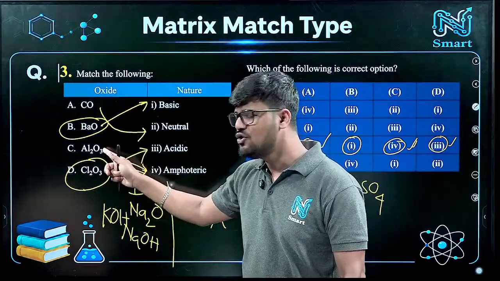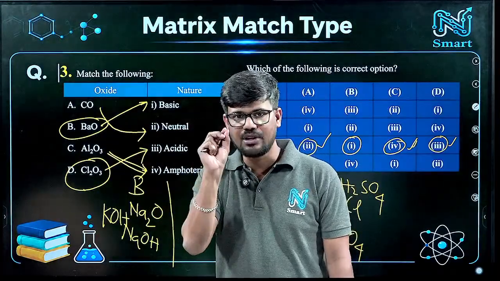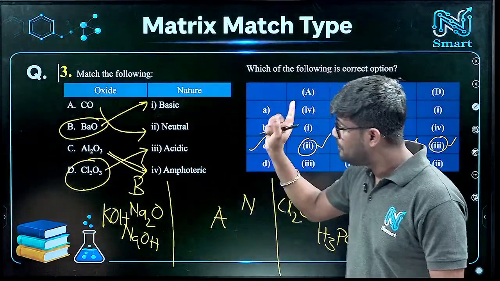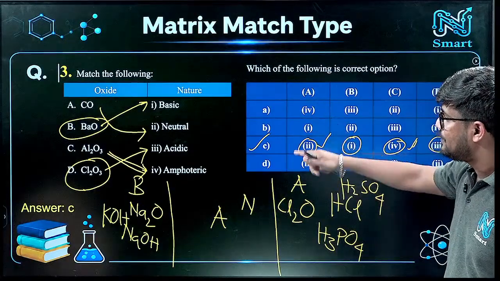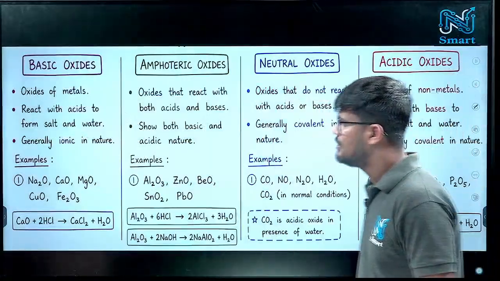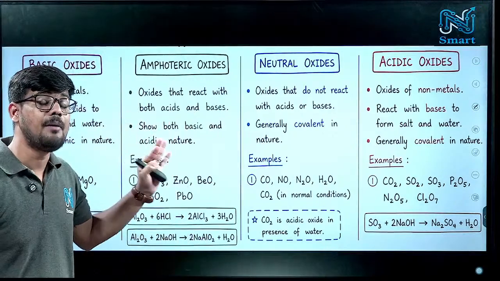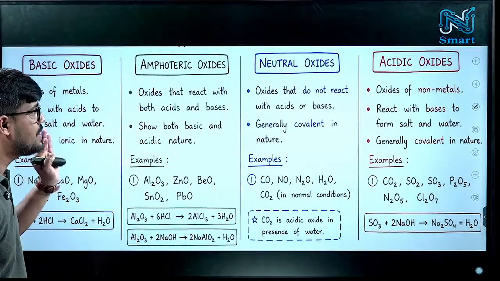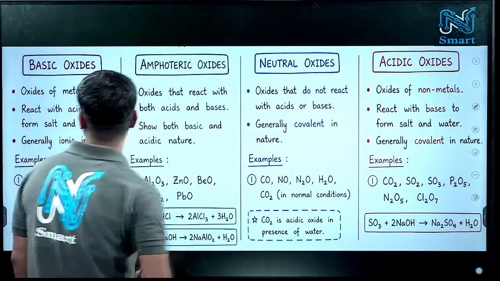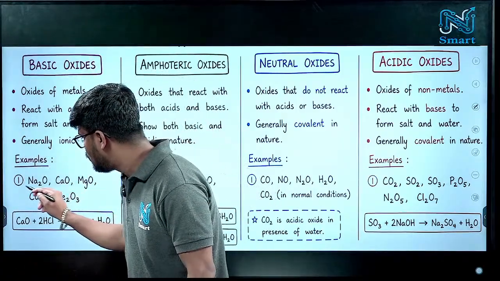Mostly neutral and amphoteric, these two you might be confused about. So for that purpose I have, so here the answer is C. Yes, I have this table. So examples are very important. If you consider the first one, basic oxides, just check sodium oxide.